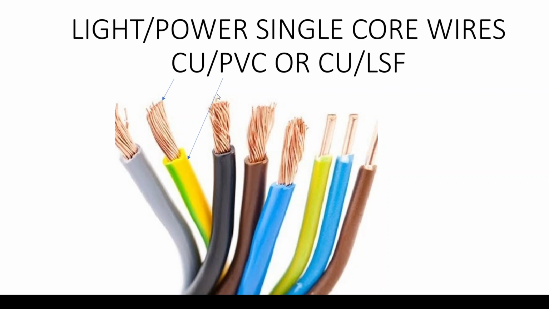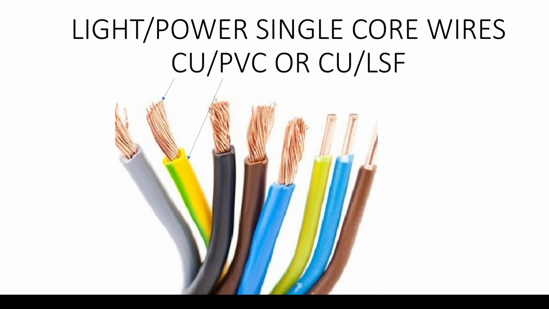PVC is polyvinyl chloride, which is the most commonly used coating, and LSF is a sort of low smoke and fume emitting type of polyvinyl material, which is used whenever wires are pulled in public corridors and in areas which are used for escape routes for the life and safety of people who are evacuating that area.